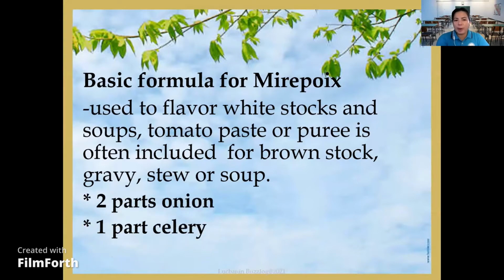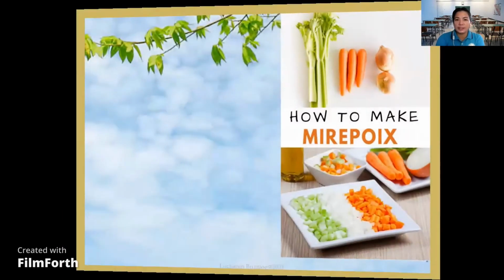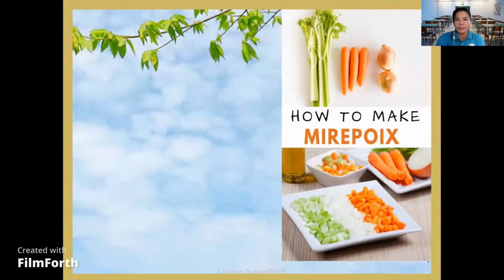So we have the ingredients on how we are going to assemble the mirepoix. So we have 2 parts of onion, 1 part of celery, and 1 part of carrots. So that's the basic formula for mirepoix.